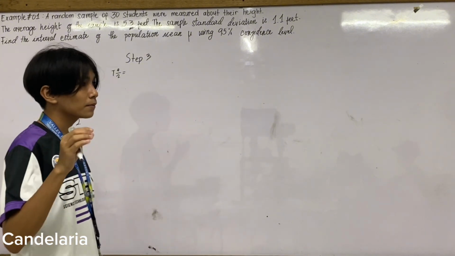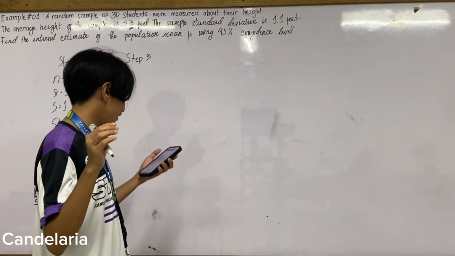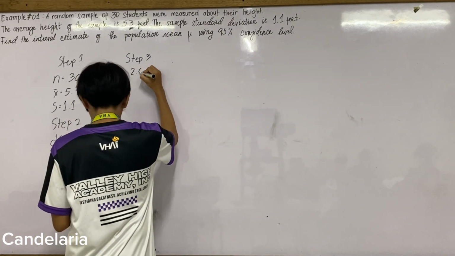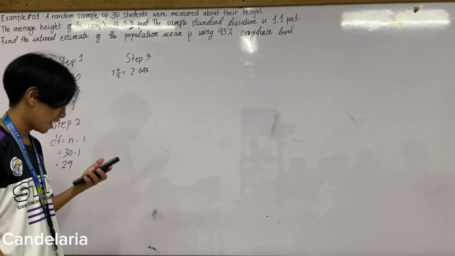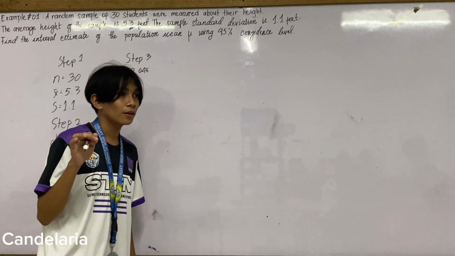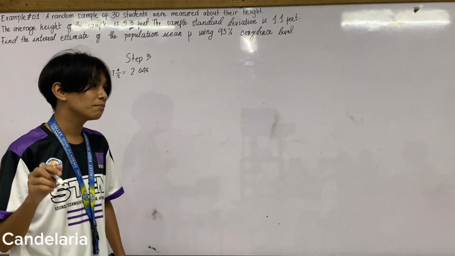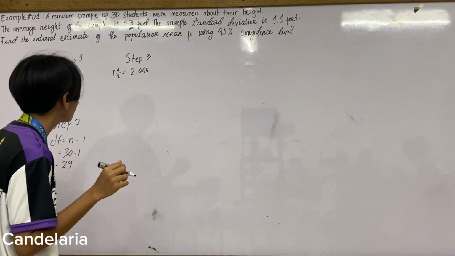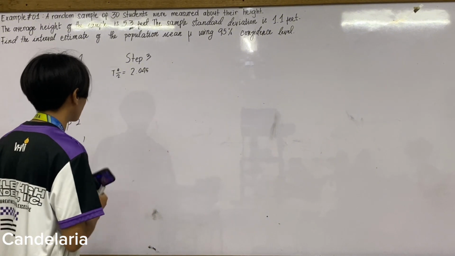And our critical value of alpha over 2 is 2.045. After we see the critical value in our step 3, let's proceed to another step.